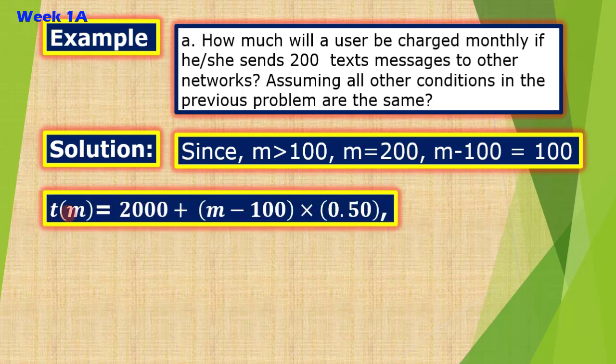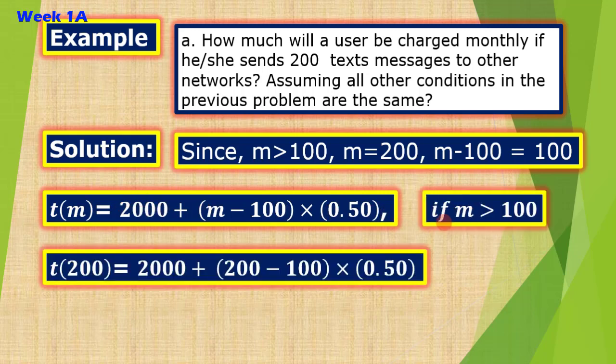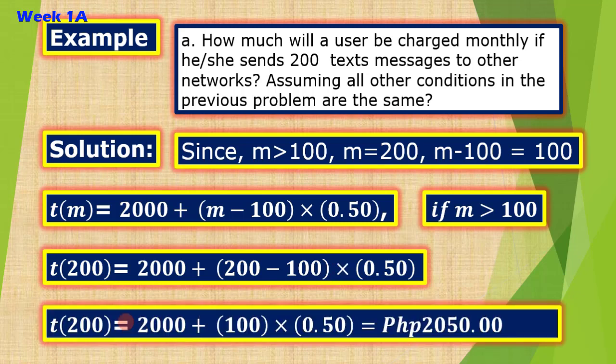So T of M, we copy this from the previous slides. Then our M here is equal to 200. So T of 200 equals 2,000 plus 200 minus 100, which is 100, times 50 cents. You can calculate this. The total is 2,050 pesos. Hence, the user will be charged this amount.